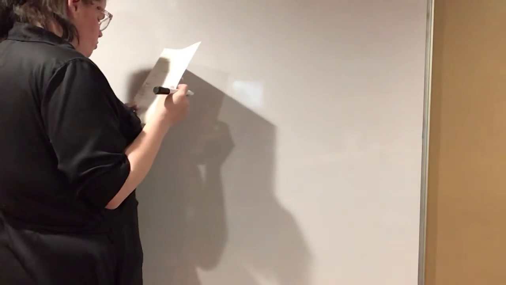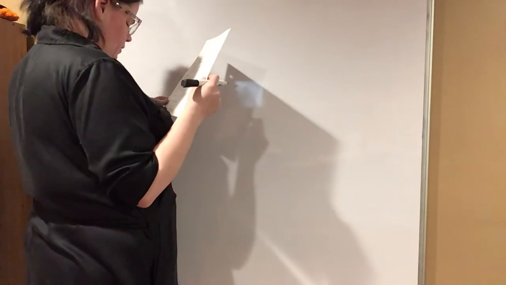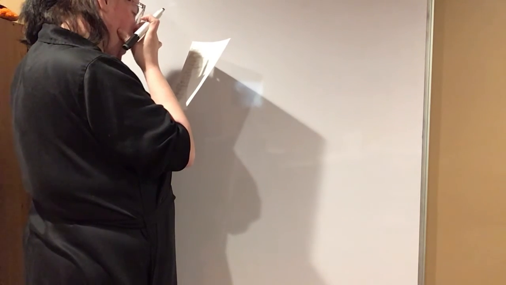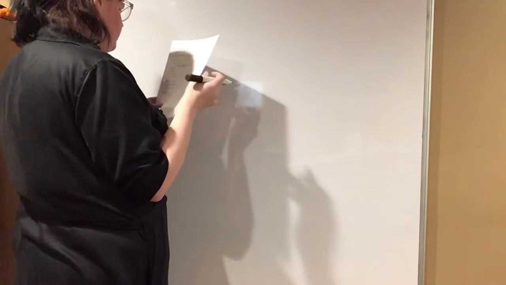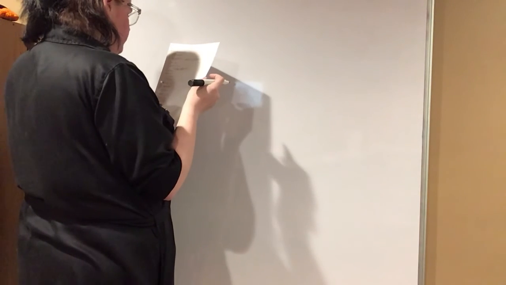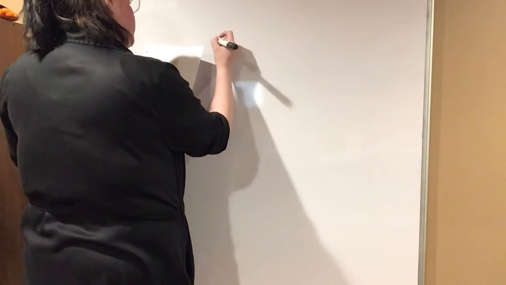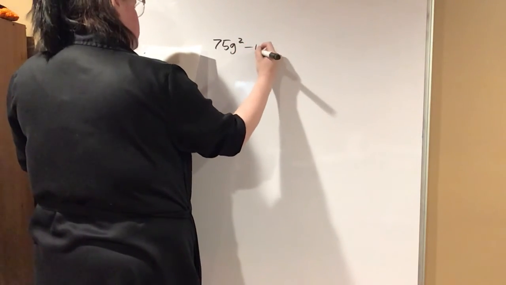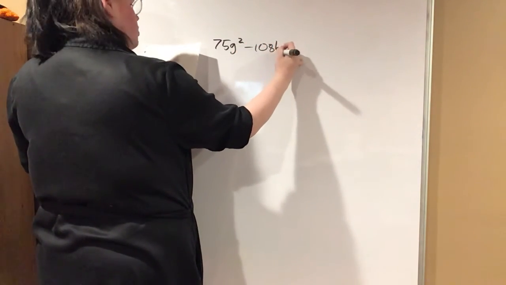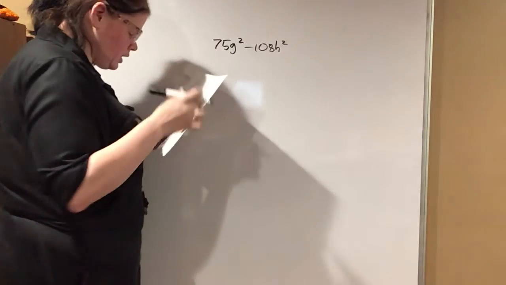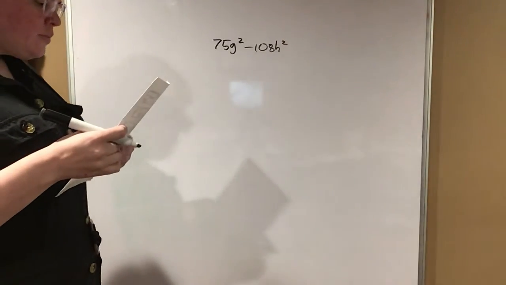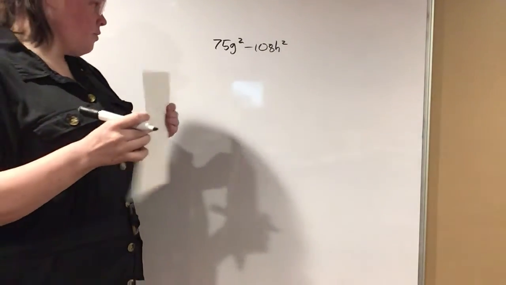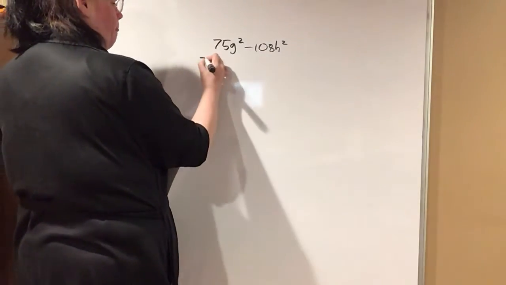Here's a good one here: 75g squared minus 108h squared. So looking at this guy, I know that I can take a 3 out. So I'm going to take a 3.